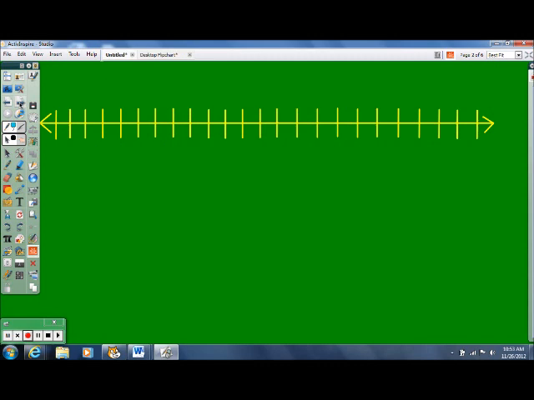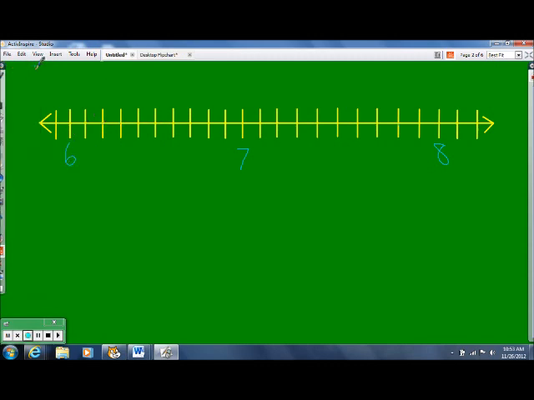Again, pause the tape, take a moment to create this number line. Okay, looks like we're ready to go. This one we're going to have 7 here, count out 10. 1, 2, 3, 4, 5, 6, 7, 8, 9, 10. We put an 8 down here, and 1, 2, 3, 4, 5, 6, 7, 8, 9, 10, and a 6 right here. So for this particular problem, we're going to label this point here, and we'll do it as a fraction first and change it into a decimal.